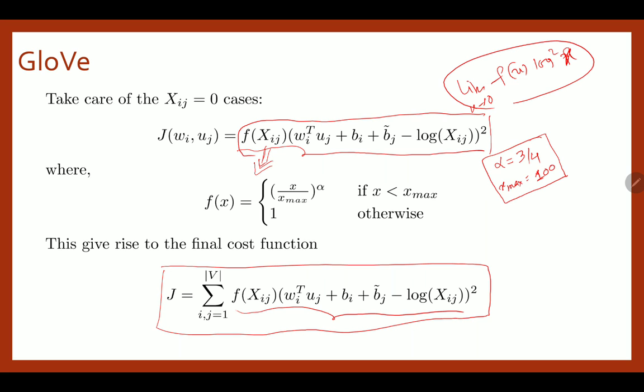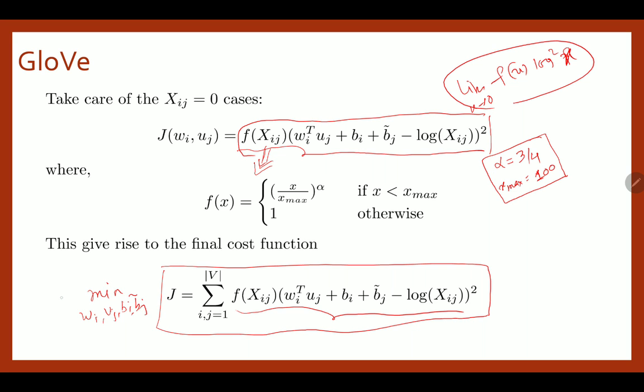So this is the cost function which is being minimized over these parameters w_i, u_j, b_i, and b_j tilde, the tilde indicating that it is with respect to the context vector.